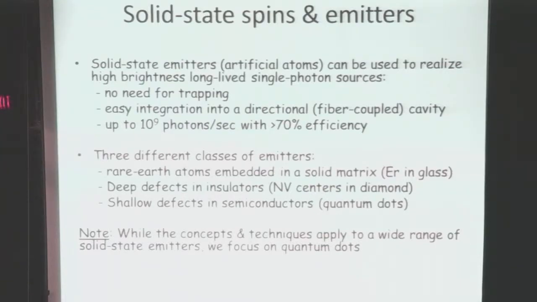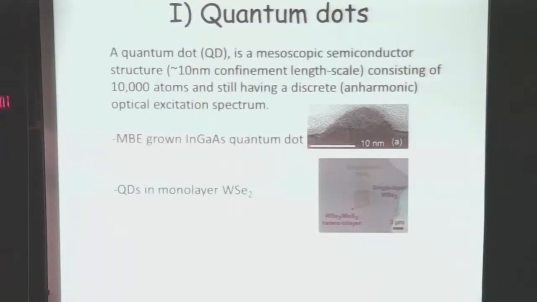There are different classes of emitters, and Misha mentioned to you a deep defect in an insulator, in diamond. I will be talking about shallow defects in semiconductors. Even though the physical properties are different, many of the concepts are applicable to all these 3 different classes. So let me start out by briefly telling you about quantum dots.